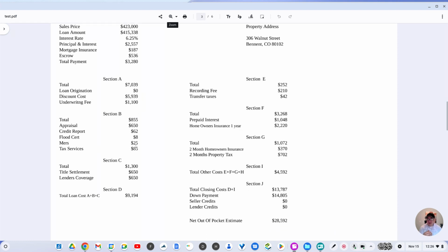Section B, for the most part, this is the same. It's whatever in Section B, C, pretty much the rest of the loan estimate. These are third-party fees. So, if you're trying to compare one lender to the next, and you see, well, this person has a cheaper title settlement coverage, these are just estimates on this page.